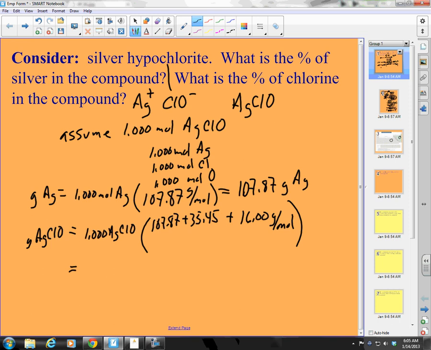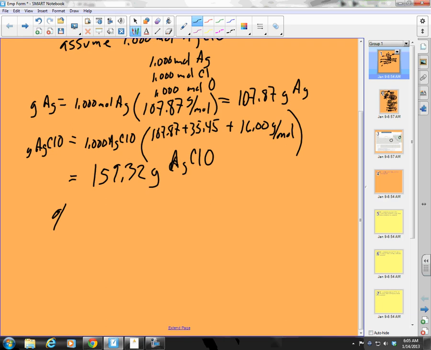Get out my handy dandy calculator here. 107.87 plus 35.45 plus 16. And I get what? 159.32 grams of compound of AgClO. Good. Now what do I want to do? I want percent silver. So my percent silver in silver hypochlorite is equal to what?